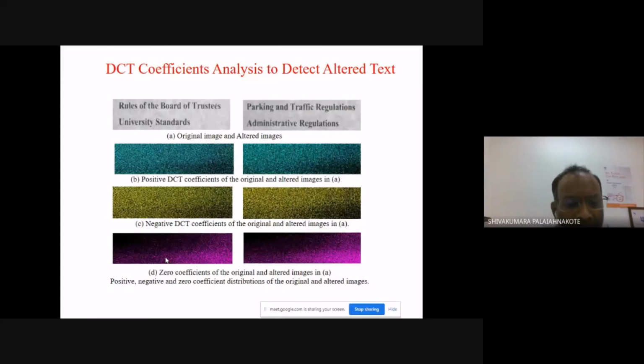See, you look at the DCT property. If it is an original, a good image, what happens? See, the leftmost corner, the left and top corner, you will get a high value, and slowly when you look at the diagonal values, the value decreases, and finally at the bottom rightmost corner, you'll have zero values.